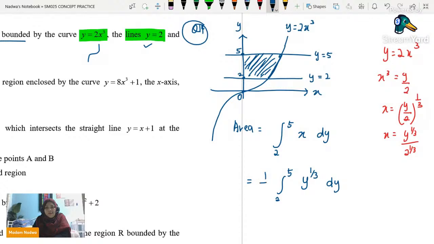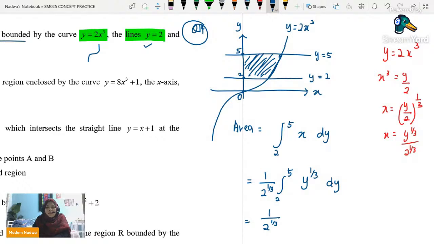Equals to 1 over 2 to the power of 1/3 tadi. Kita boleh letak dia dekat luar because it is a constant. So tak payahlah kita susah hati nak integrate dia. Alright. Boleh je letak bawah. Nak letak atas pun boleh, nanti dia punya kuasa jadi negatif lah.